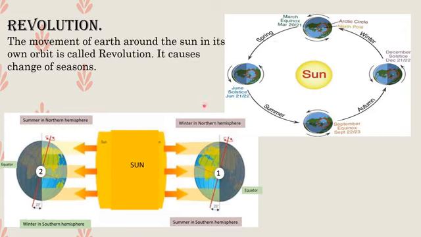When Earth is at one position, the lower part of Earth is closer to Sun, and this leads to summer in the lower part. The upper part is far from Sun and it receives winter.